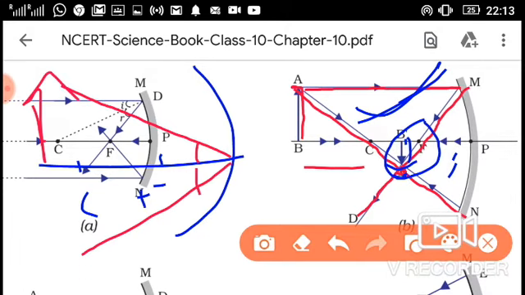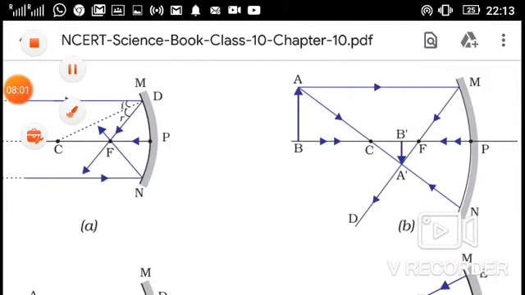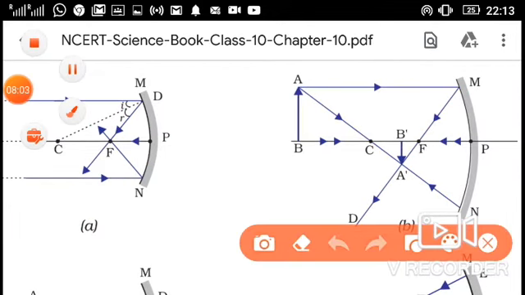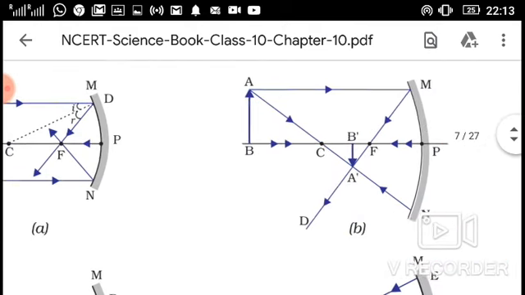And the second one is, if it passes from the principal focus, after reflection it becomes parallel like this, then the image is formed between F and C. Okay, and if you use scale and pencil, then definitely you will get the right diagram. Okay, I want to explain that there is no need to follow only this rule. You can also follow any of the rules. Okay, you can get your diagram.